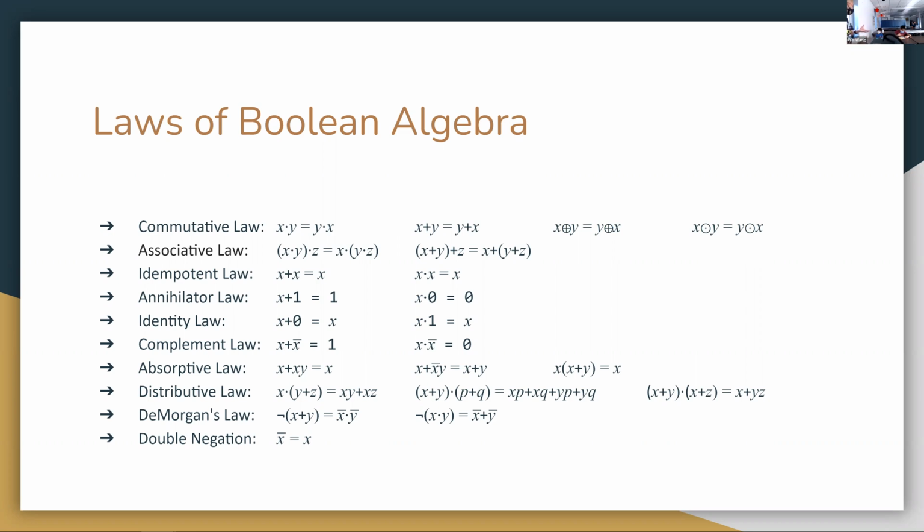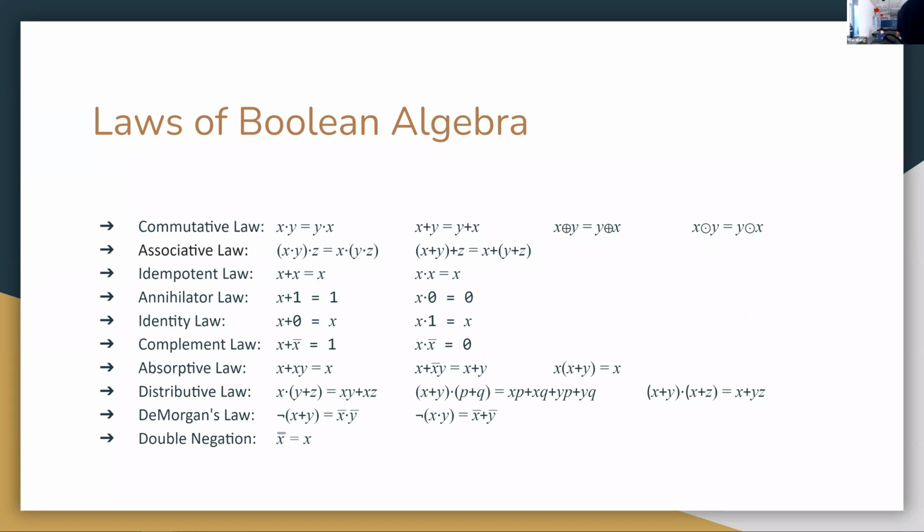That's the same law as here. Commutative law, meaning that you can switch the two operands and you will get the same value.